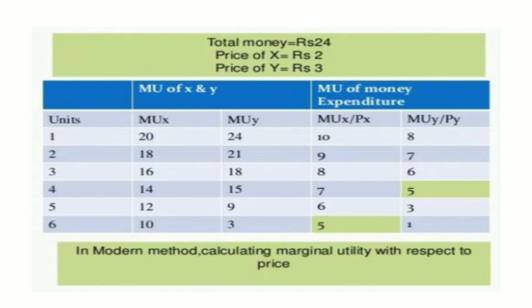For marginal utility of Y, the price is Rs 3, so we subtract 3: 24 minus 3 is 21, 21 minus 3 is 18, 18 minus 3 is 15, 15 minus 3 is 12, and 12 minus 3 is 9.